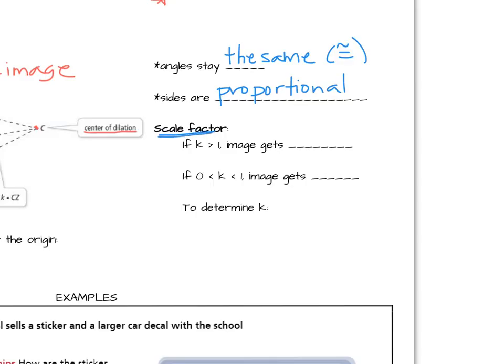If your scale factor, which we call letter K, is bigger than 1, like the picture on the left, our shape gets bigger. And this is called an enlargement. If the scale factor is between 0 and 1, then the shape would actually get smaller, and that would be called a reduction.